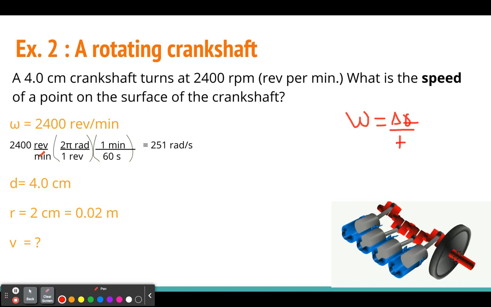When we convert, we're going to multiply by 2 pi to get rid of the revolutions, and divide by 60 seconds to convert to seconds. We get 251 radians per second.